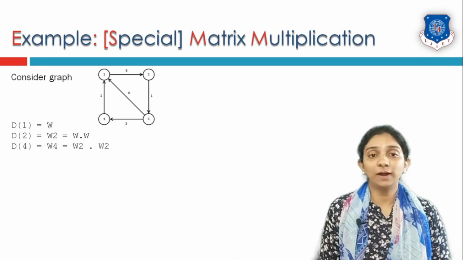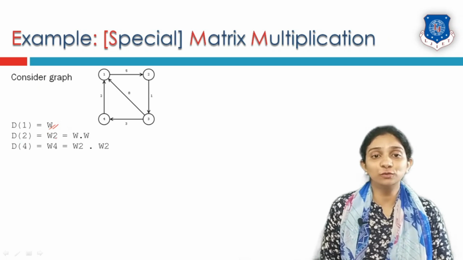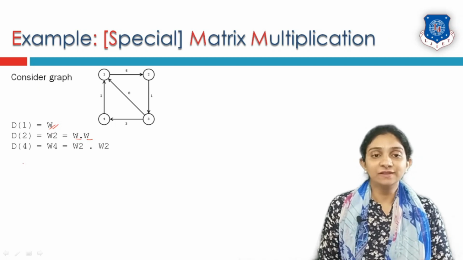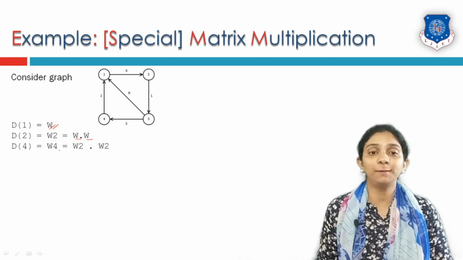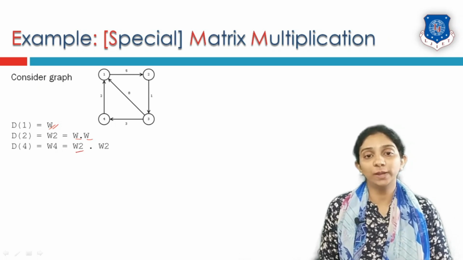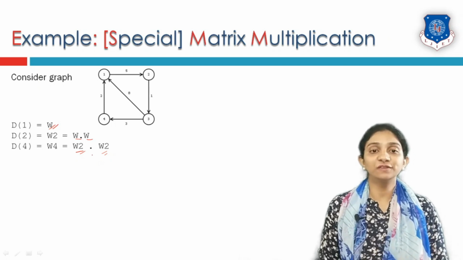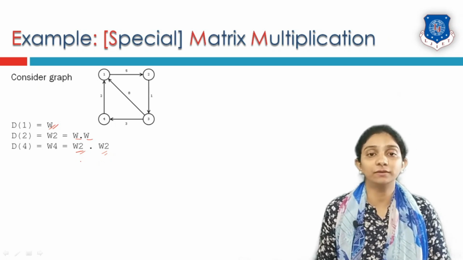Distance matrix 1 is the weight matrix itself. Distance matrix 2 is obtained as W2, which is the multiplication of the weight matrix with itself. Similarly, I can get distance matrix 4, which is weight matrix 4, equal to weight matrix 2 multiplied with weight matrix 2. So this is called the repeated matrix multiplication method.